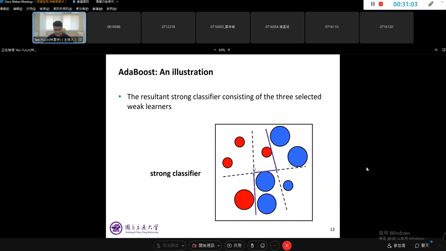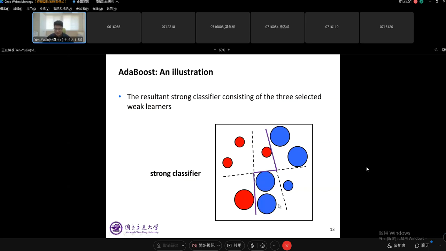So as you can see, even for a data set that is not linearly separable, we can simply derive three linear classifiers to carry out this nonlinear decision boundary. And actually, the process is simple and intuitive because we just maintain a weight distribution over the training data.